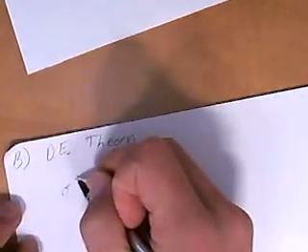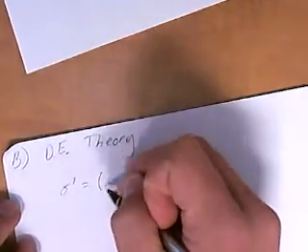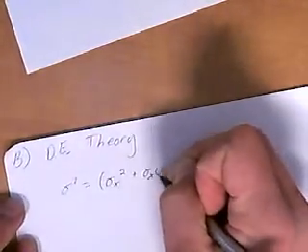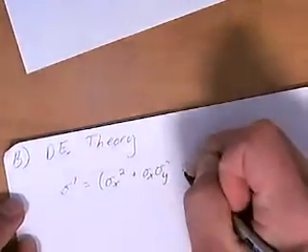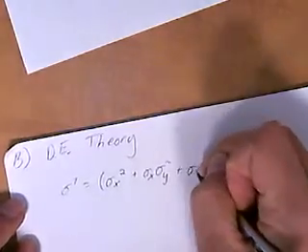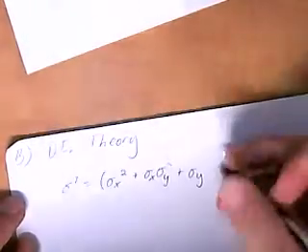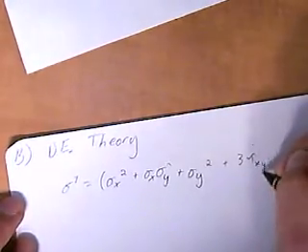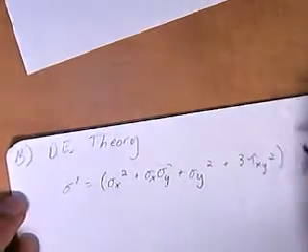So for von Mises stress, it's denoted as sigma prime is equal to sigma x squared plus sigma y squared minus sigma x sigma y plus 3 tau xy squared, all to the 1/2.